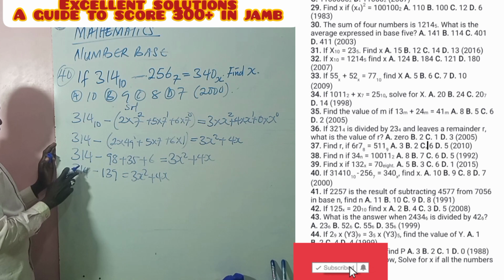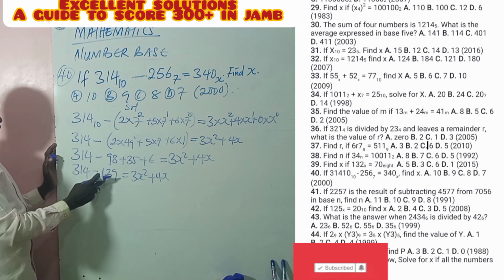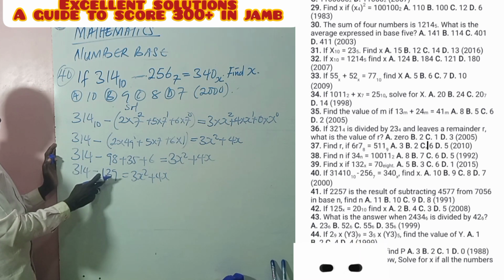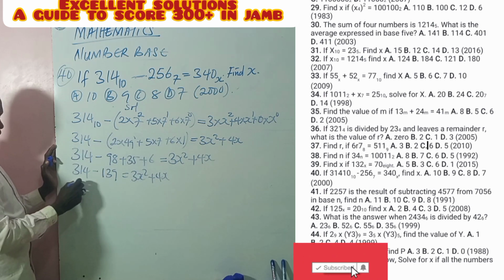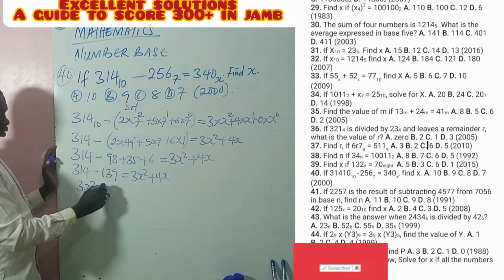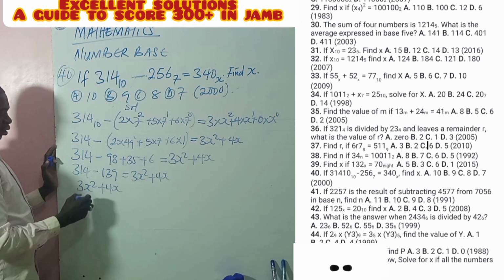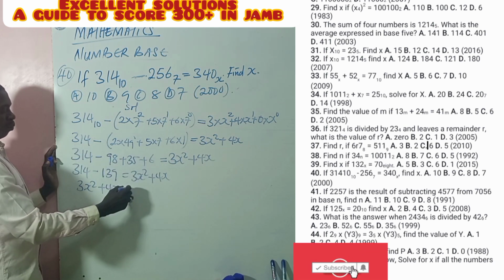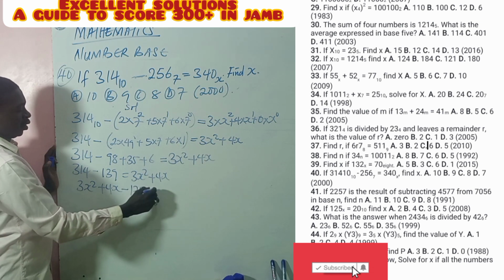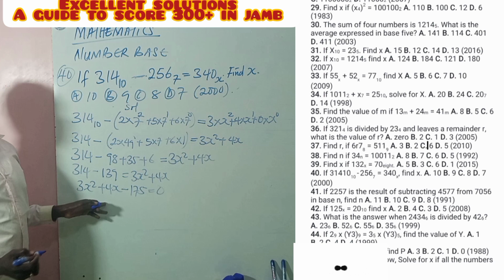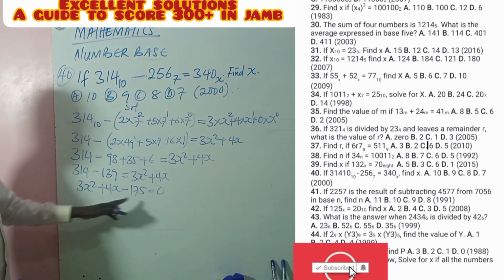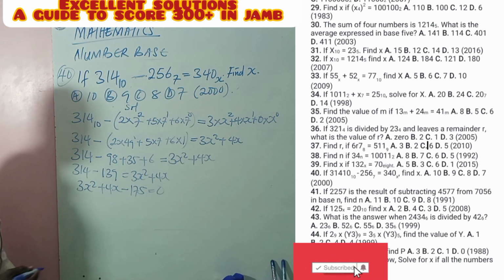So 314 minus 139 we have 175. If we take it to that side it becomes negative, so we have 3x squared plus 4x minus 175 equals 0. So this has now become a quadratic equation, and we solve it using the quadratic method.